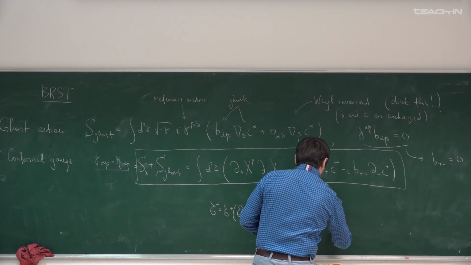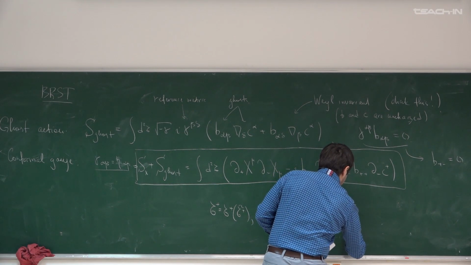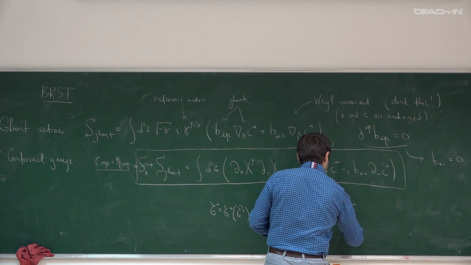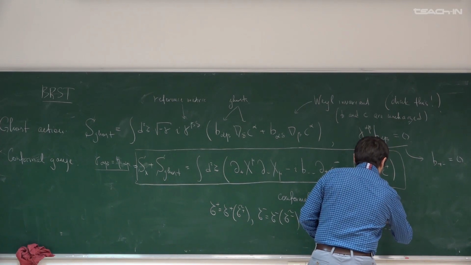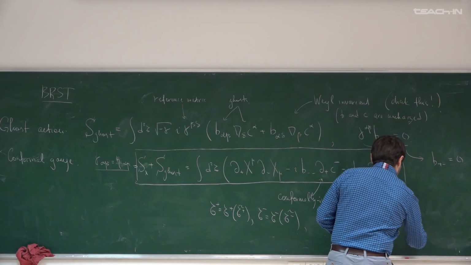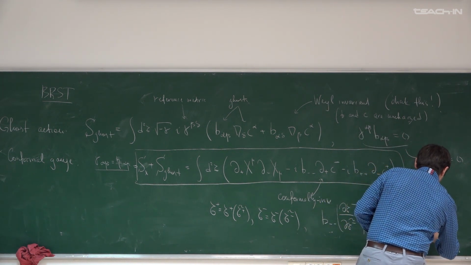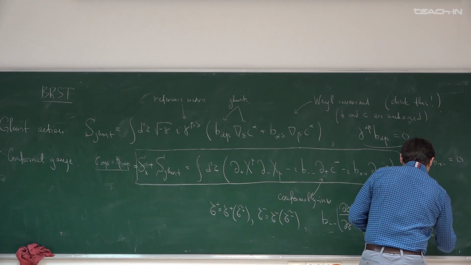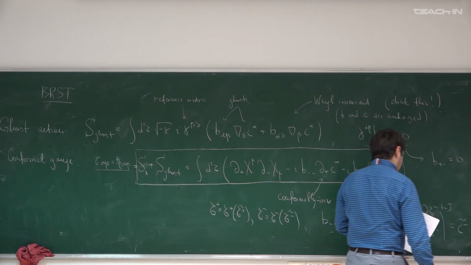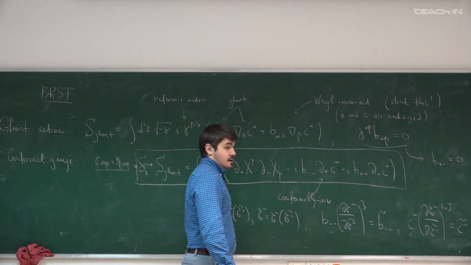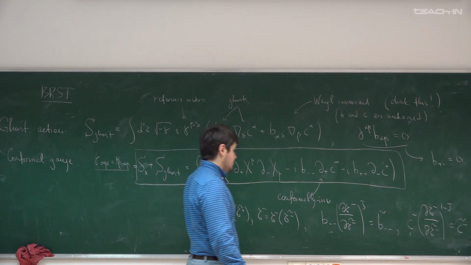We will say that B minus minus, these are the transformation properties where J is 2.